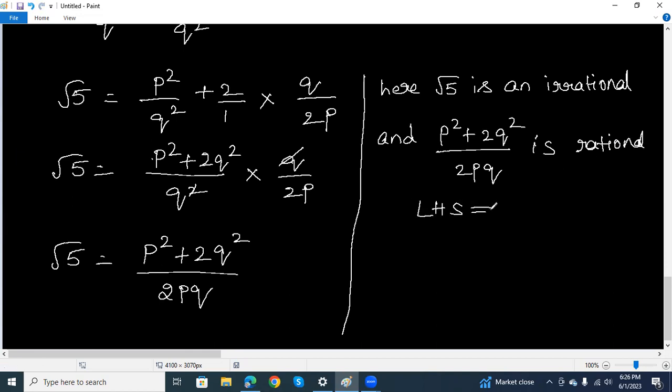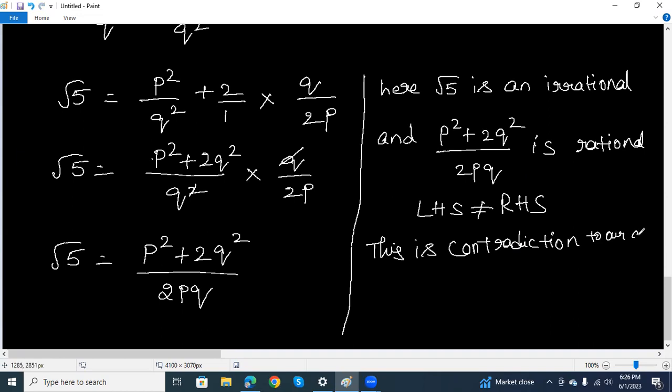LHS can't be equal to RHS, right? This is a contradiction to our assumption. So, therefore, root 3 plus root 5 is an irrational number.